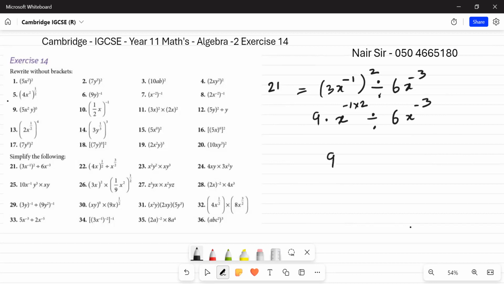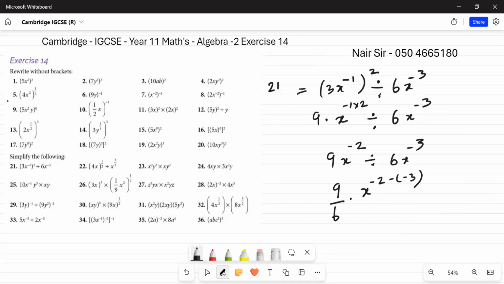This will become 9x raised to minus 2 divided by 6x raised to minus 3.